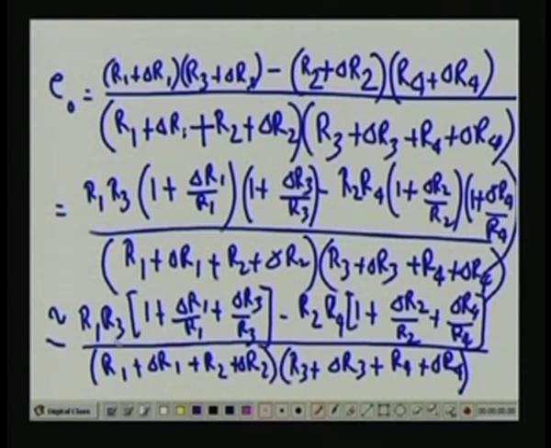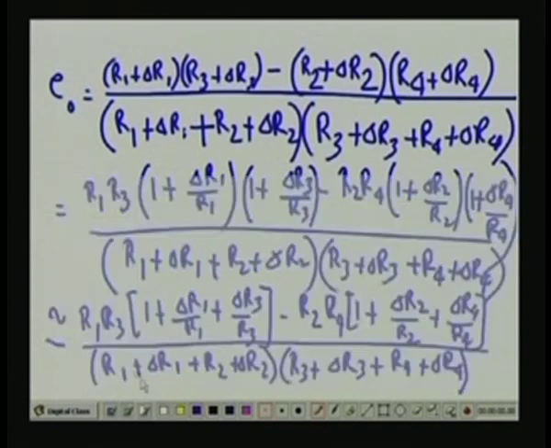So, R1 R3 into 1 plus, okay, yes, take a new page again. Since initially the bridge is balanced, we can write R1 R3 equals R2 R4.